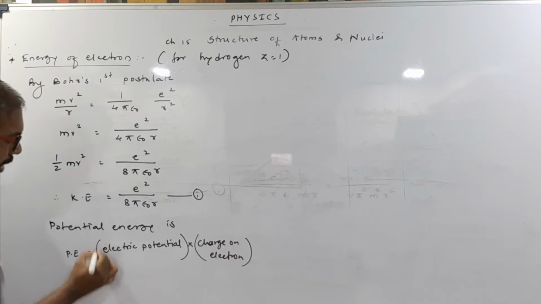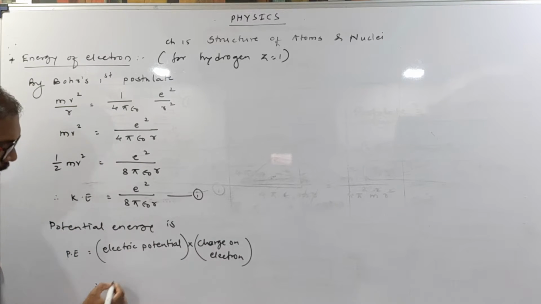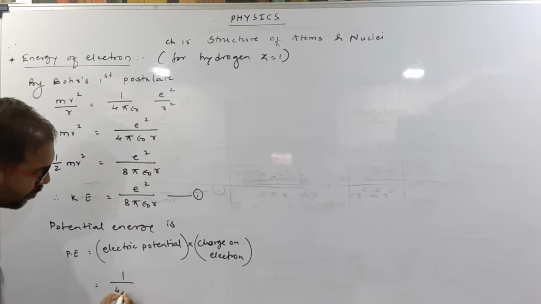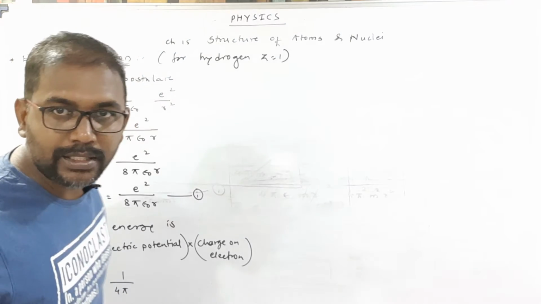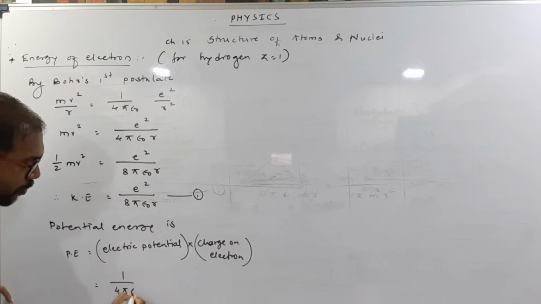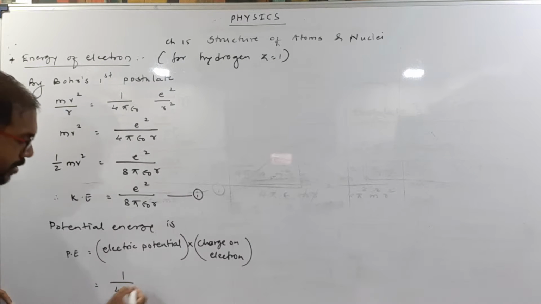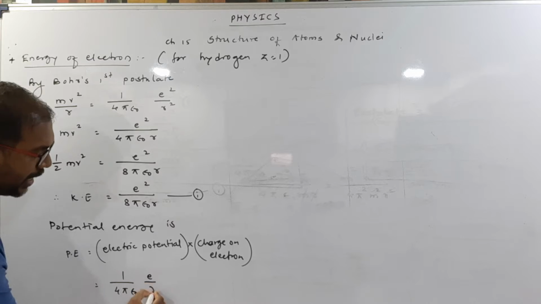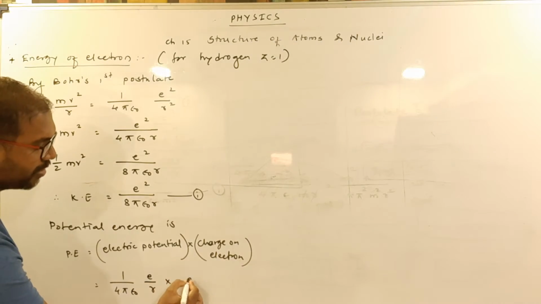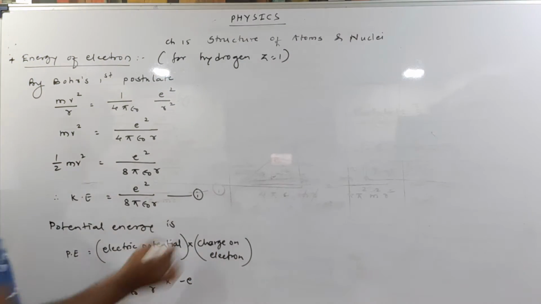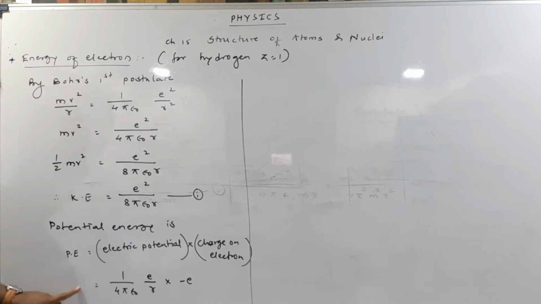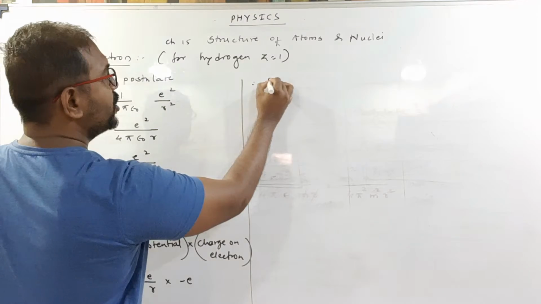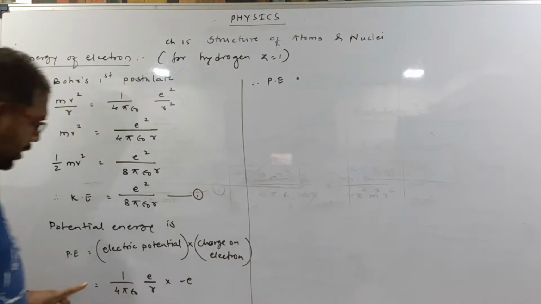Electric potential we can write 1 upon 4 pi epsilon 0, then e by R, multiplied by charge on electron, which is minus e.